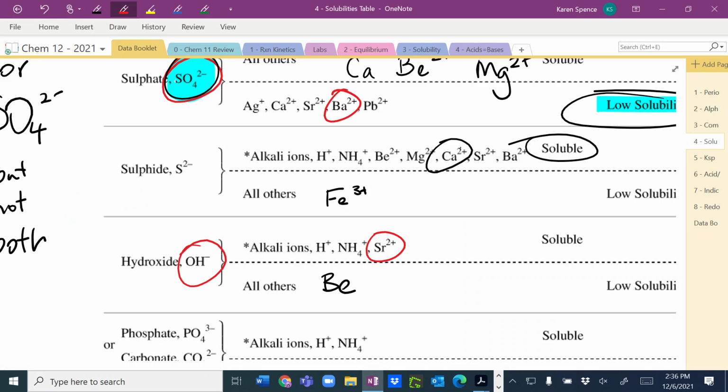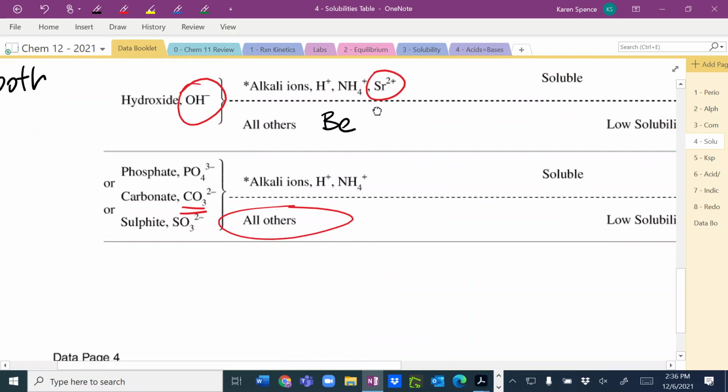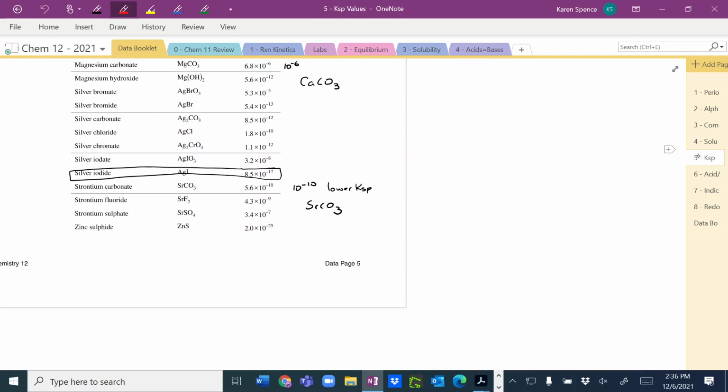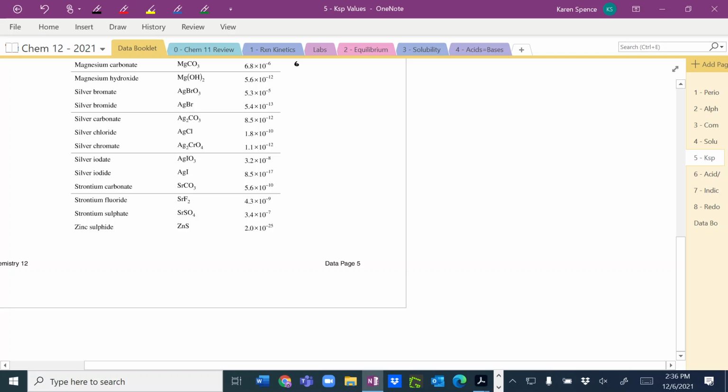If we go to page 4, magnesium, calcium, and strontium are all down here, so that does us no help, yes? Where would we need to go next? Our KSP. So we're going to be looking for the one with the smallest KSP.